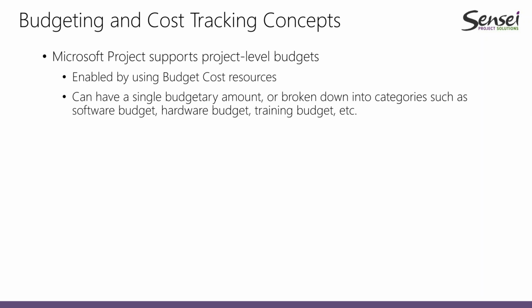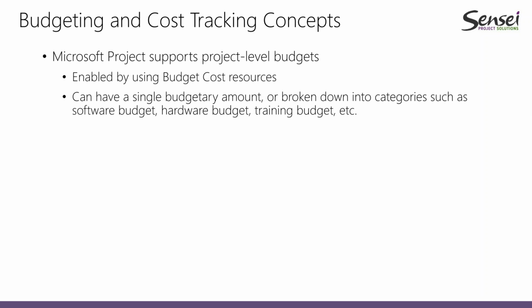We can have, for example, one single resource in which we collect the funding that has been given to us, or we can break this down into subcategories, such as software budget, hardware budget, and training budget.